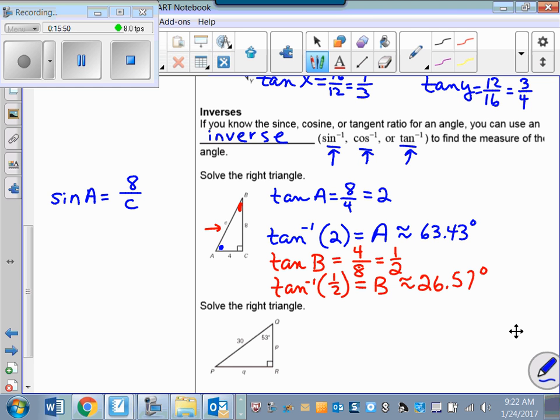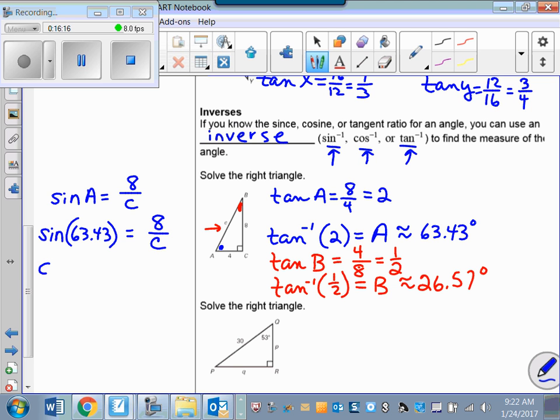I have A, so I can plug that in, even though it's an approximation. 63.43. I'm plugging in an approximation, so it's not going to be as good of an answer as the Pythagorean theorem. The sine of 63.43 equals 8 over C. We have to solve for C.